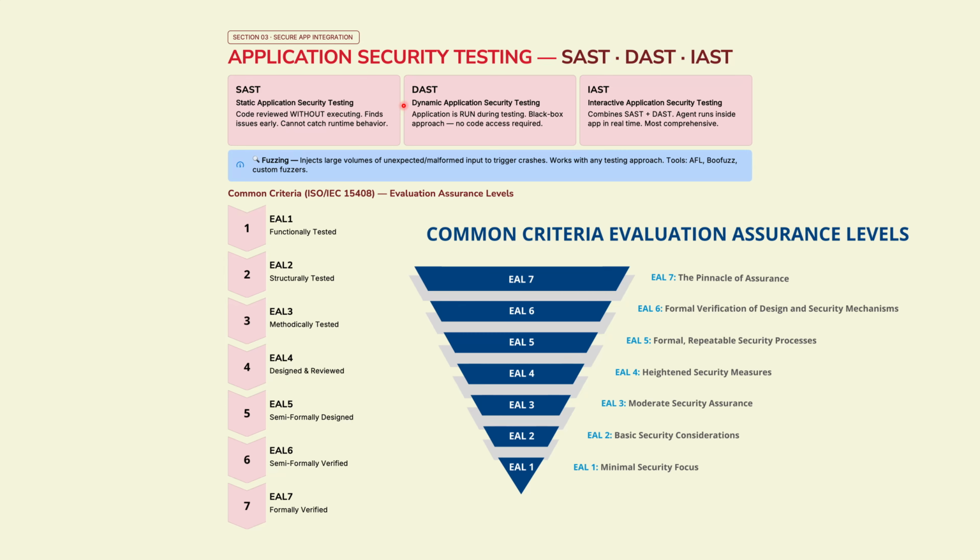For example, OWASP ZAP, if you're not familiar with it, is the most popular open source DAST tool. It discovered a runtime XSS vulnerability during penetration tests that the SAST could not find.